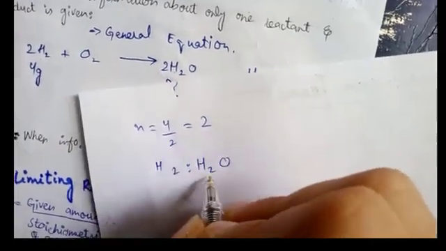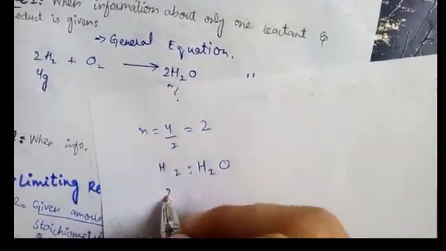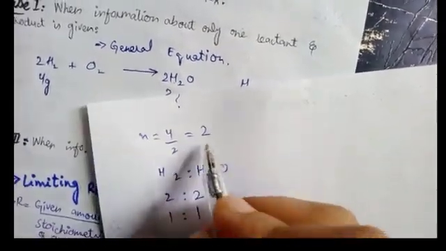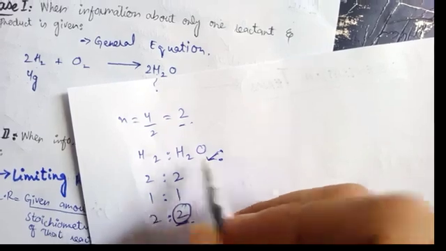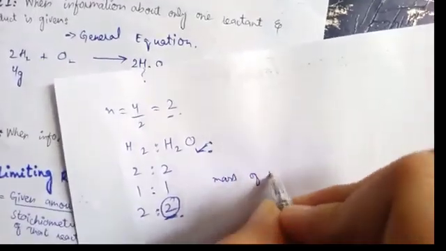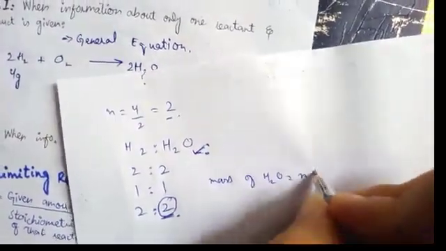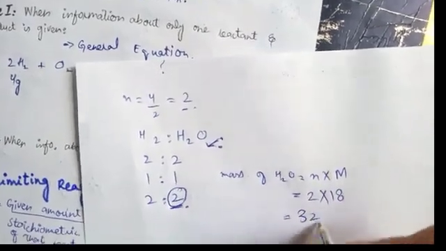In the balanced chemical equation, 2 moles of hydrogen gives 2 moles of water. So the given number of moles of hydrogen is 2, and then again 2 moles of water is produced when 4 grams of hydrogen is used in this reaction. So we find the mass of water by number of moles multiplied by molar mass. Number of moles is 2, molar mass is 18, so the mass of the water is 36 grams.